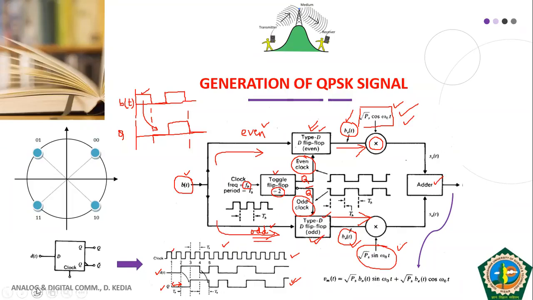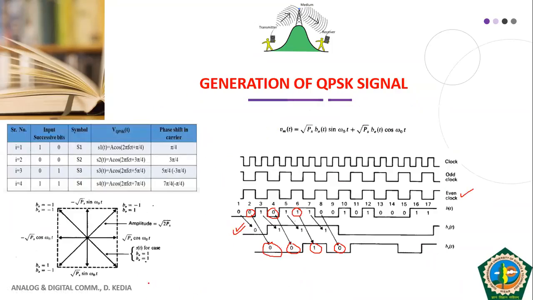Mathematically, how does it represent things? The odd numbered bits are multiplied with the sinusoidal carrier, and the even numbered bits are multiplied with the cosine carrier, and then they are added together, and finally we get the QPSK signal as output, which can be represented like this.